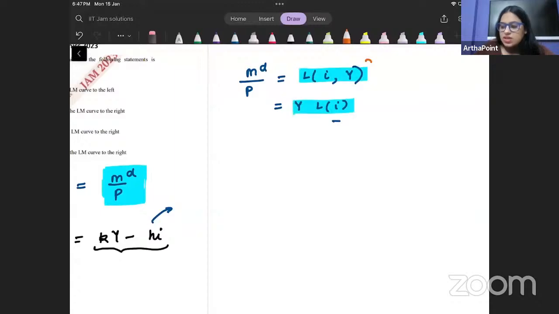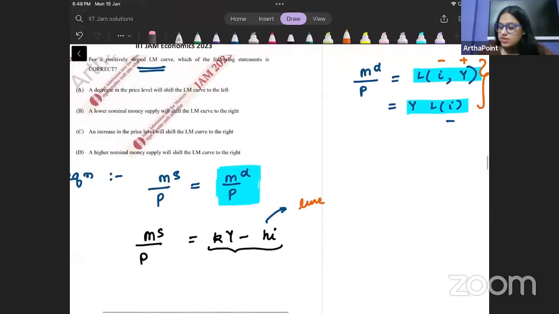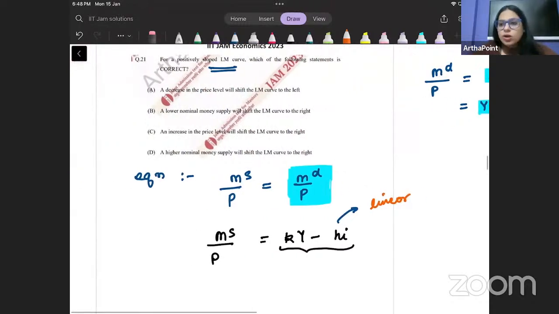These are formats where the demand function is not known explicitly. I just know that it's a negative function of interest rate and a positive function of income. However, here I clearly know that it is a linear function of income and interest rate. Nevertheless, the process remains the same. जिस तरीके से हम इसको solve करेंगे, everything will remain the same.